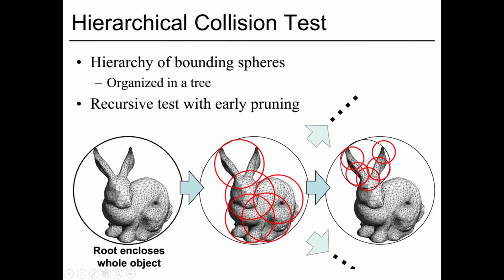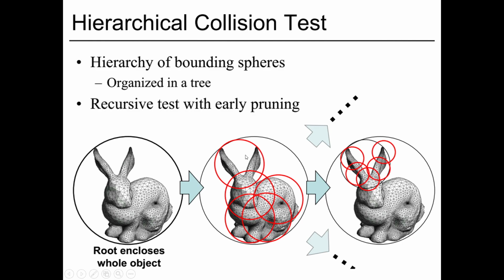And when we find collision of one sphere with the larger sphere, for example, this large sphere collides with the collision sphere of another object, only then we go on to find out which of its children spheres are closest to the other sphere that it is colliding with. And we do this recursively until we reach the exact body part or the exact part of the object where the collision occurred.